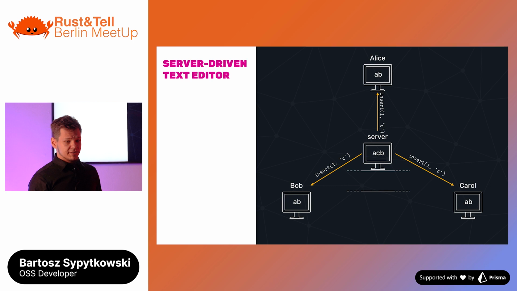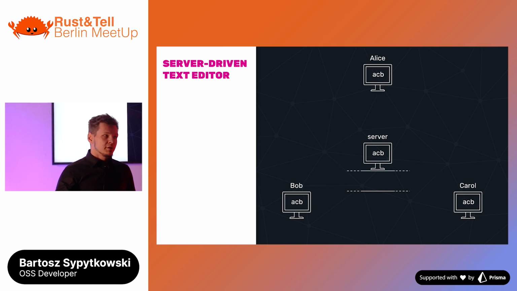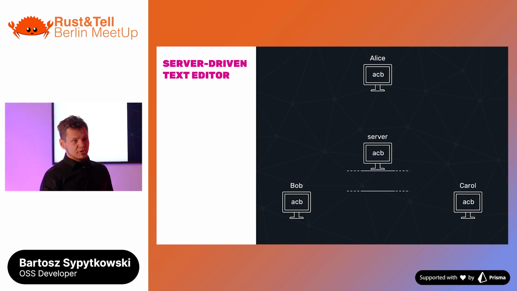Those peers can apply the updates locally, and they all are in the same order. We could think that this is more or less how multiplayer games work, right? We have a server that is our source of truth for what the state of the system is right now.